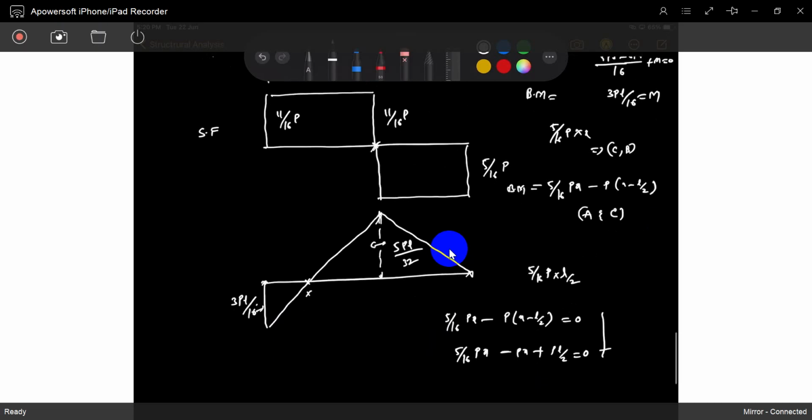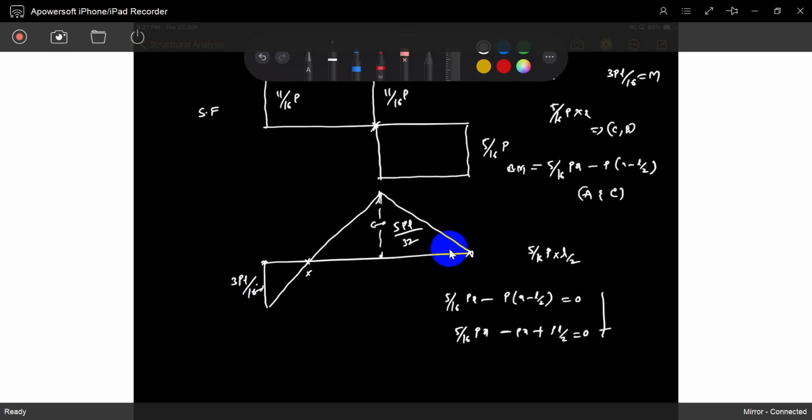So just I draw some bending moment equation. Somewhere it has 0. So what is the value? What is 5 by 16 minus 1? Means 11 by 16. So minus 11x by 16 is equal to minus PL by 2.